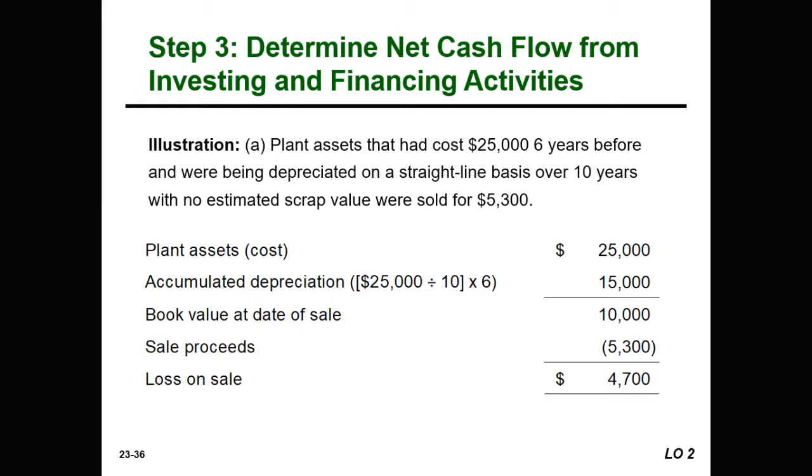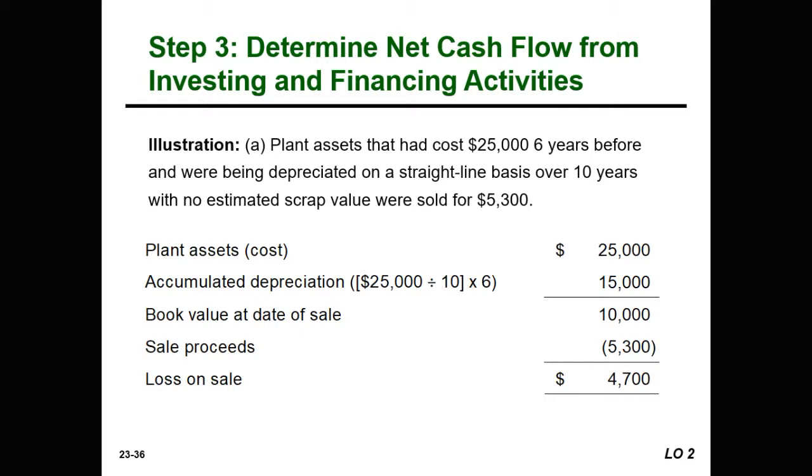Step 3 asks us to determine our net cash flow from investing and financing activities, and this is the same under either method. There are plant assets that had a cost of $25,000 6 years before and were being depreciated on a straight line basis over 10 years with no estimated scrap value that were sold for $5,300.